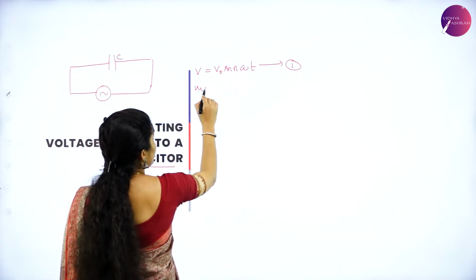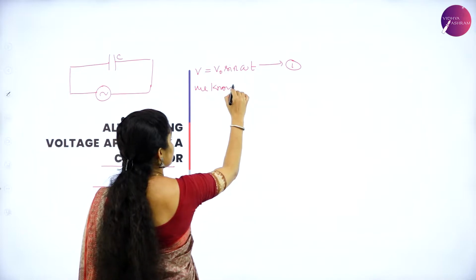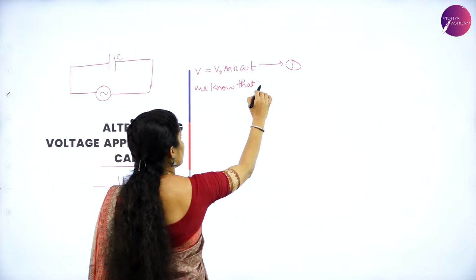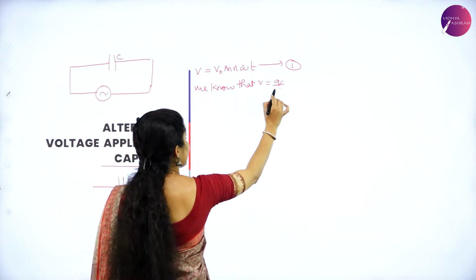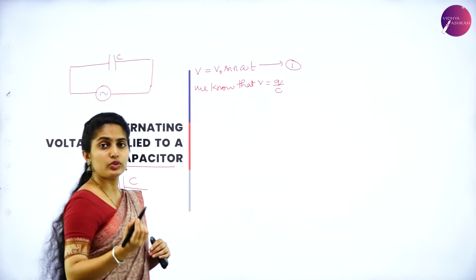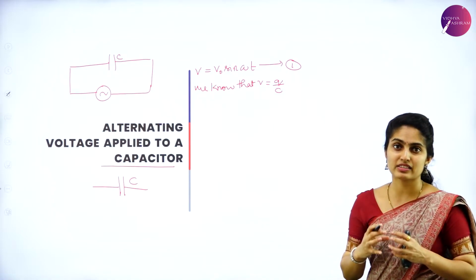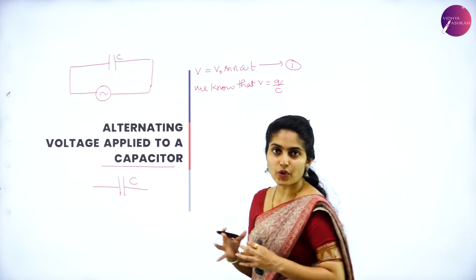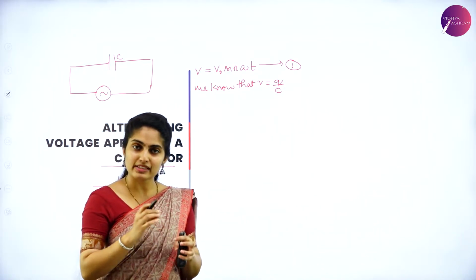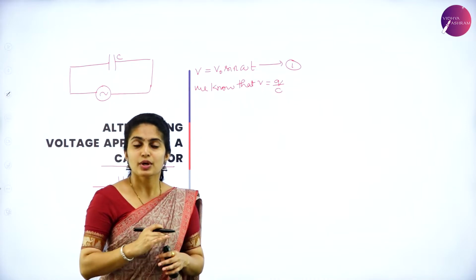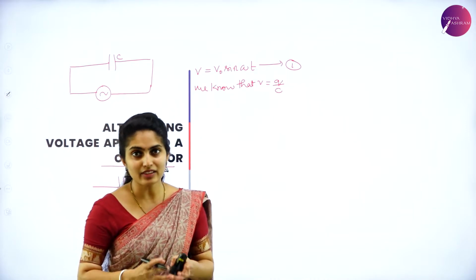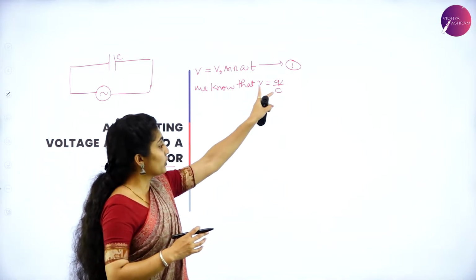So we know that V is equal to Q divided by C, that is voltage is equal to the charge per unit capacitance of a capacitor. Capacitance is nothing but the charge per unit voltage, so the two can be interchanged.